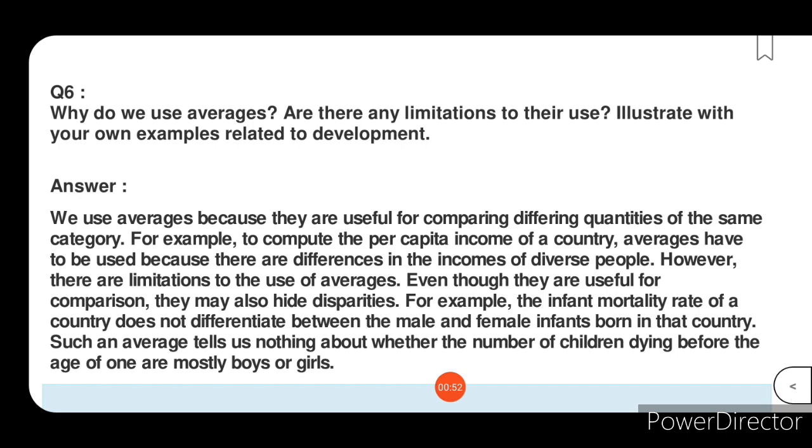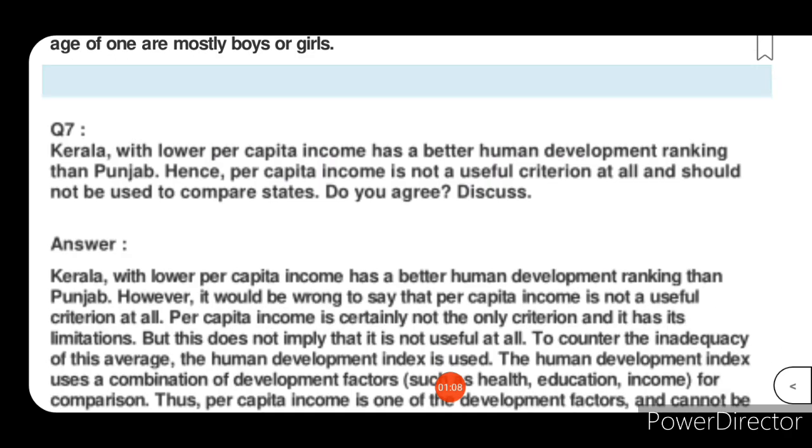Such averages tell us nothing about whether the number of children dying before the age of 1 are mostly boys or girls.